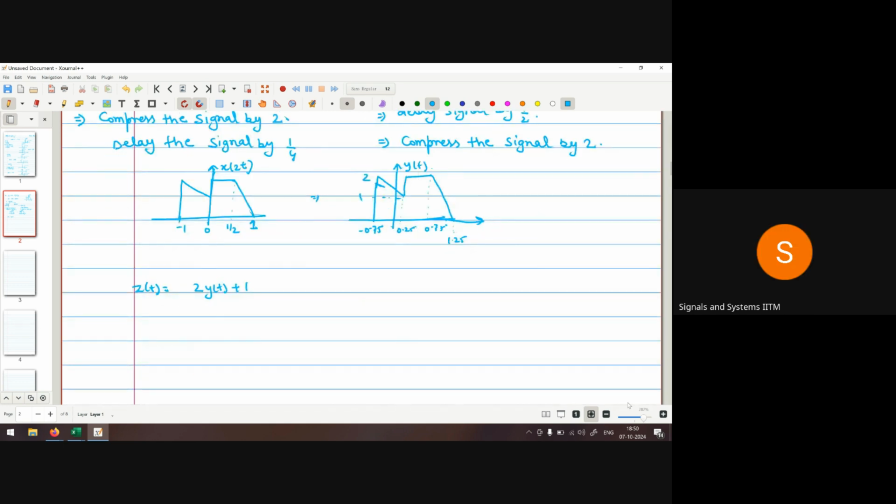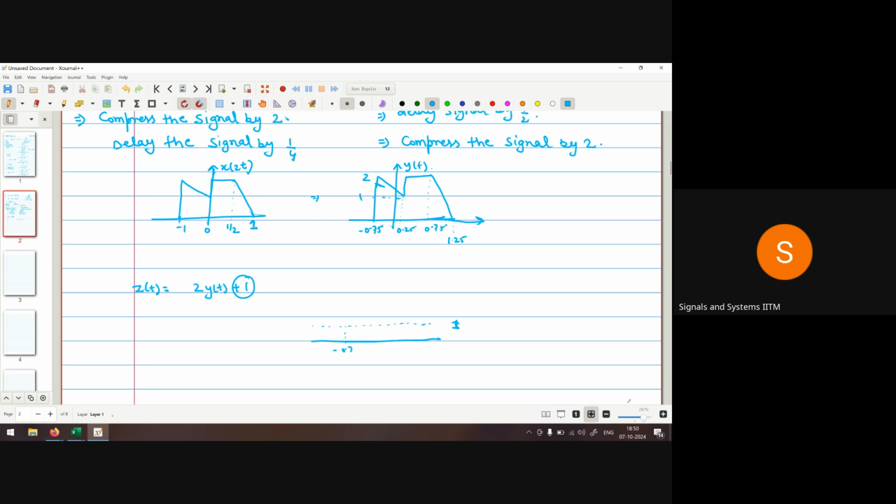Basically, the amplitude is not increased. The signal is shifted towards 5. If we say the amplitude is increased, that means the value starts from 0 to 5. But this plus 1 is basically the DC level, so this complete signal will be shifted by a DC level of 1.